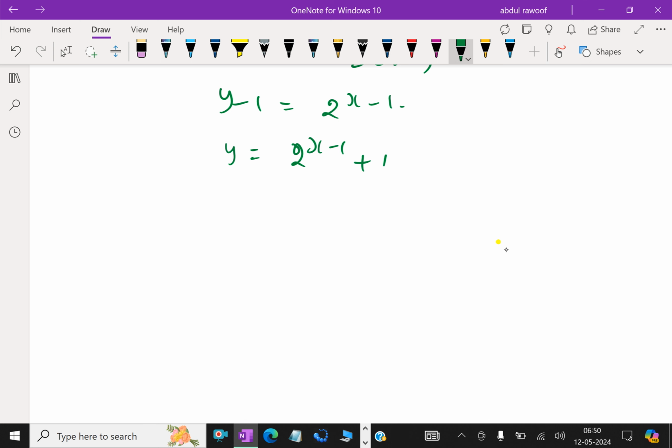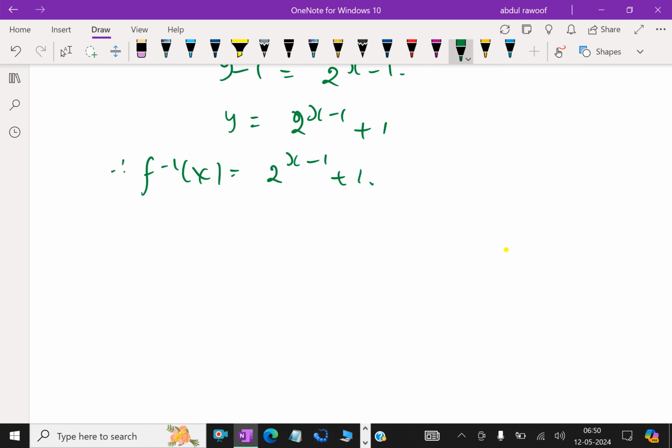Therefore, from that we can say f inverse x, changing y to x, is equal to 2 power x minus 1 plus 1.